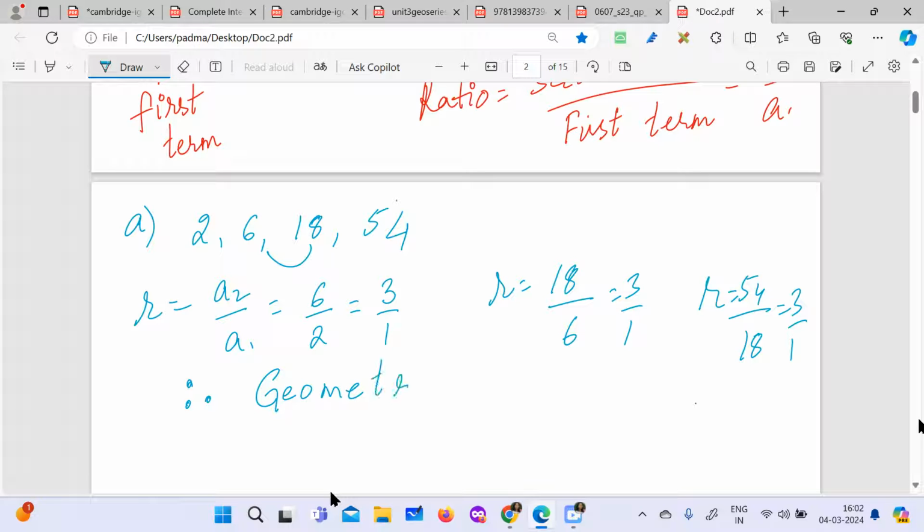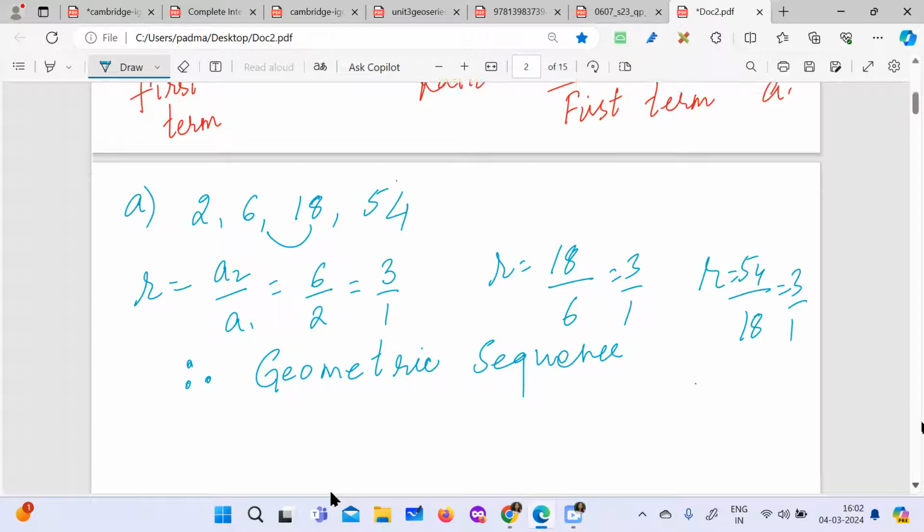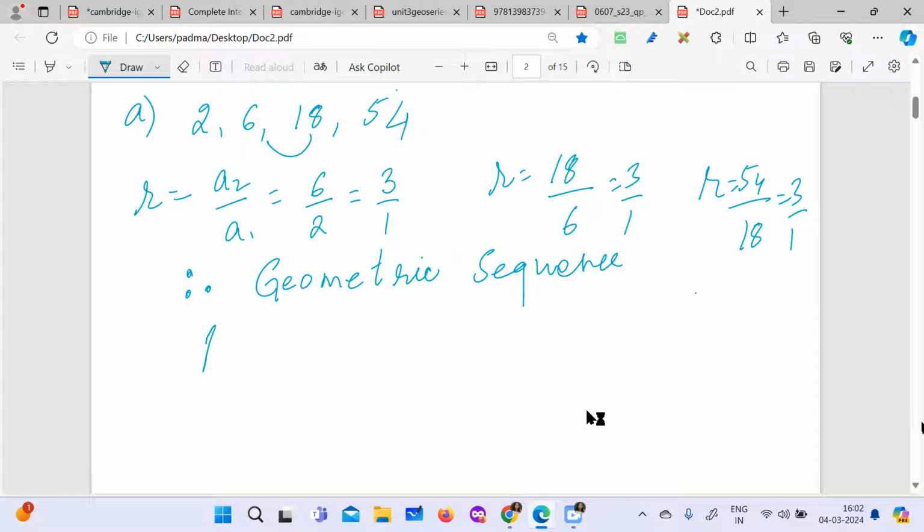Now we will find the nth term. Our ratio is 3, and now we have to find the nth term. What is the rule for the nth term of a geometric sequence, do you remember?